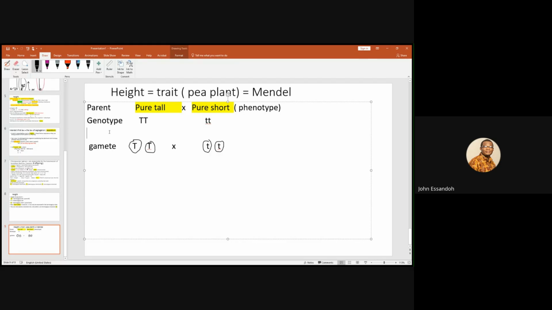So these are the gametes. This is every cell in our body. This cell, when it's going to form the gamete, it will separate. So this is the separation. To get this, which process occurs to ensure that the chromosomes, which are 46 here, become 23 in the sperm and the egg? Meiosis.